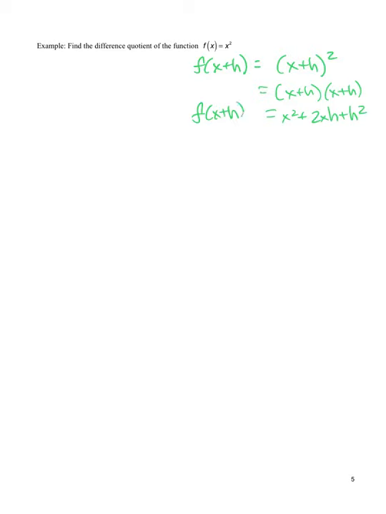And to find the difference quotient, all I need is f of x plus h minus f of x all over h. So f of x plus h is x squared plus 2xh plus h squared, minus x squared, all over h.